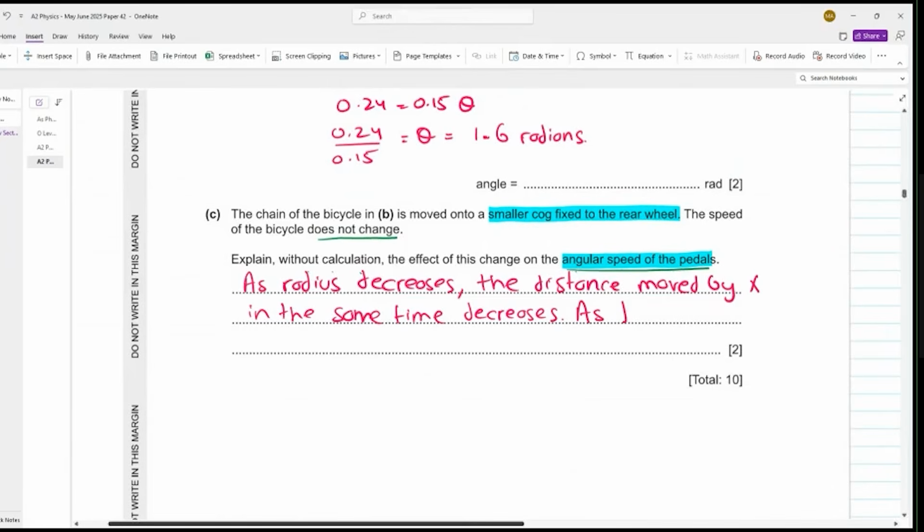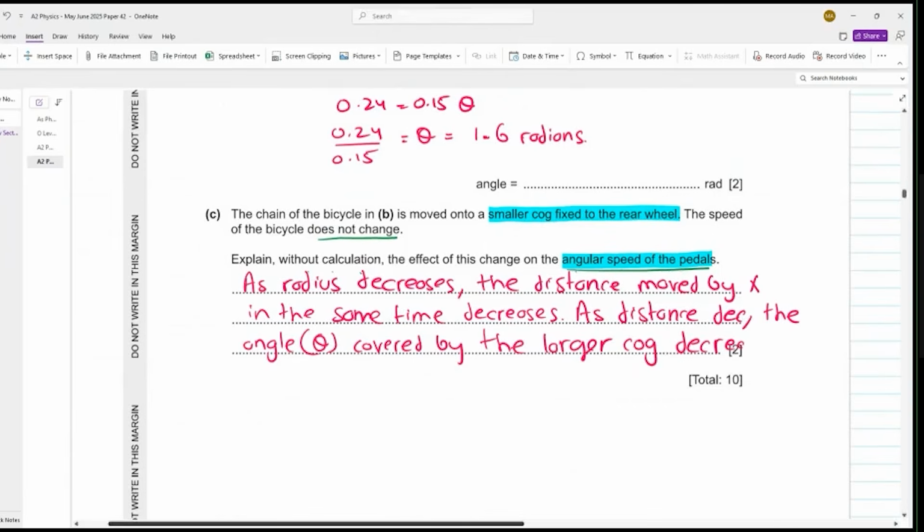As distance decreases, the angle theta covered by the larger cog decreases, and hence angular speed of larger cog, or W of larger cog, decreases.